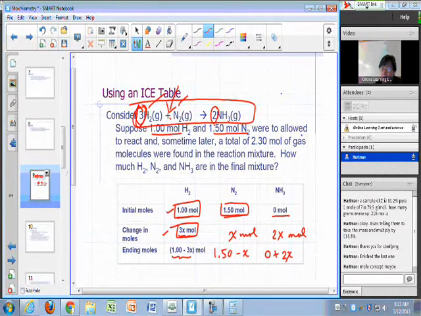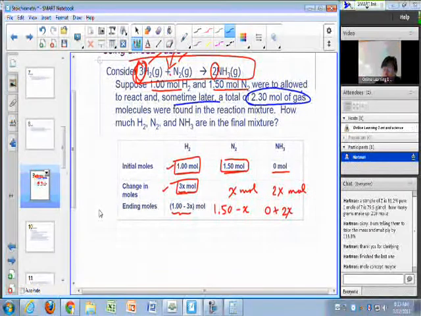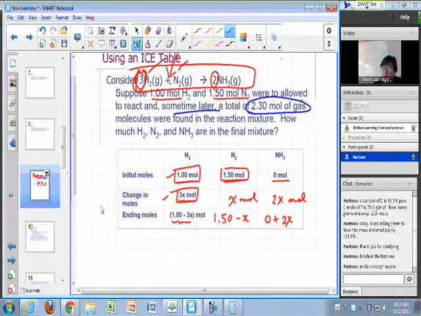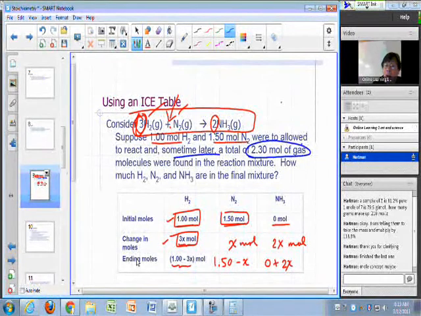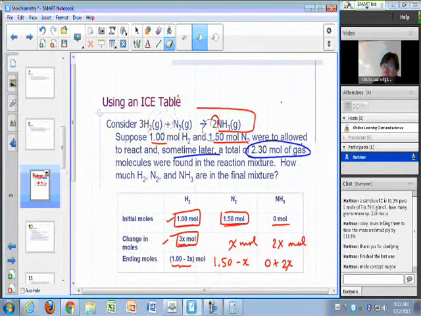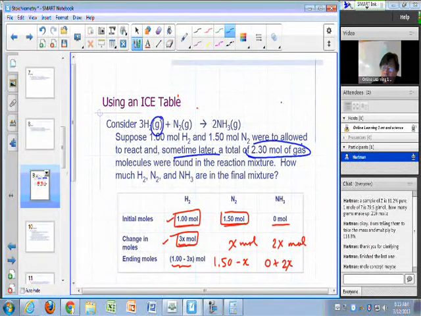Now, according to this problem, sometime later, 2.30 moles of gas molecules were found. That would be the total. If you look at your balanced equation, H2 is a gas, nitrogen is a gas, ammonia is a gas.